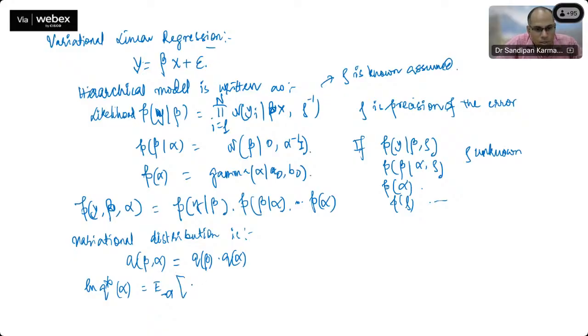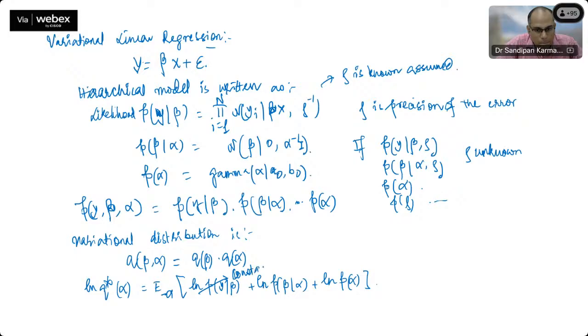So this will be ln p of y given beta plus ln p of beta given alpha plus ln p of alpha. Now in the first part there is no alpha, so we can ignore this as a constant.